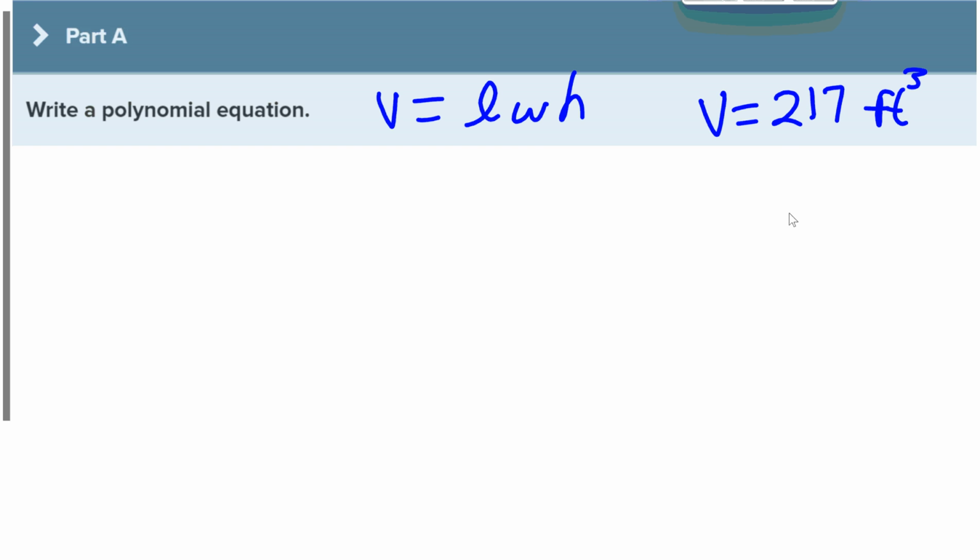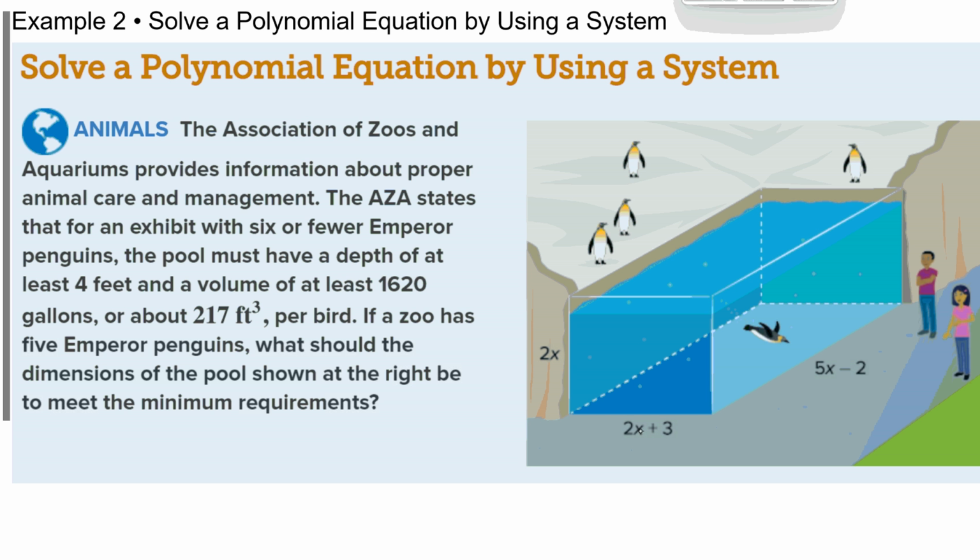Okay, and so what we want to do is figure out what the volume is. We can look at our picture and say we have a width of 2x plus 3, a length of 5x minus 2, and a height of 2x, so we can use that as our volume: length times width times height.